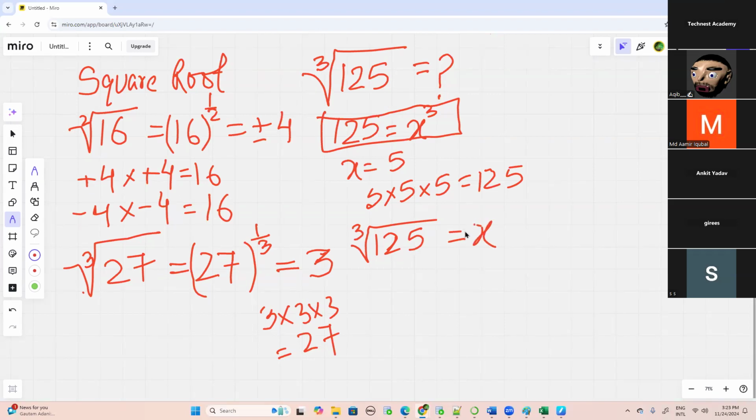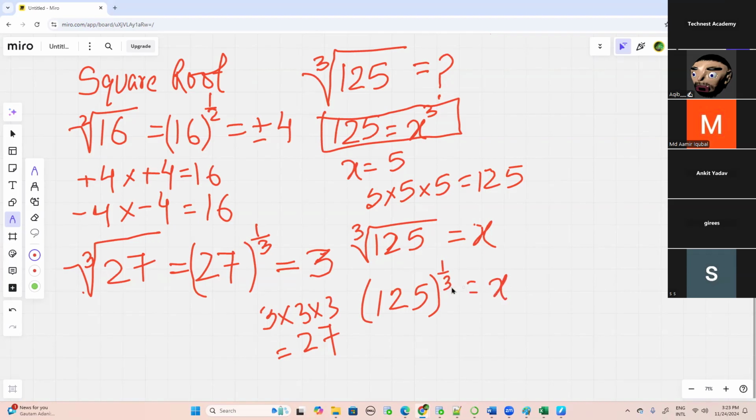Now this cube root of 125, you can also write in this format. It means the power is 1 by 3. This is equal to x.